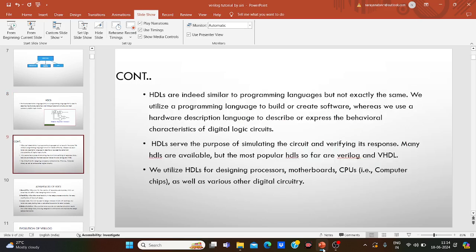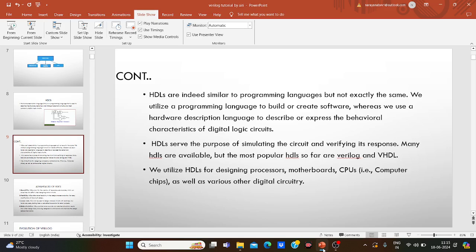We basically call it a programming language, but in reality it is somewhat different. You learn different programming languages like C, C++, Java and so on, and we use these to create software. But with hardware description language, from the name itself you can say that you are describing the hardware using this language.